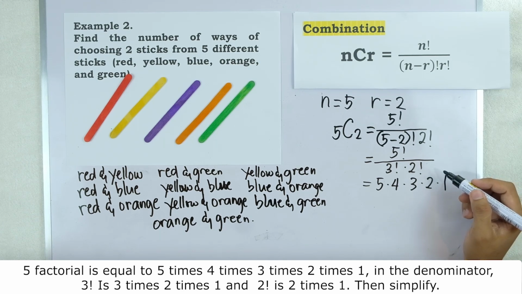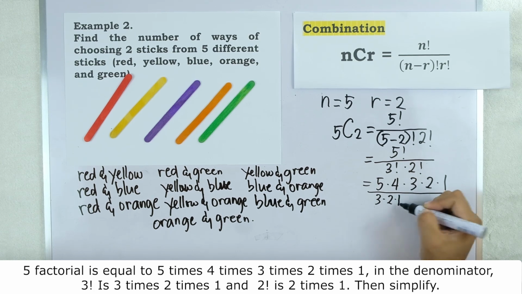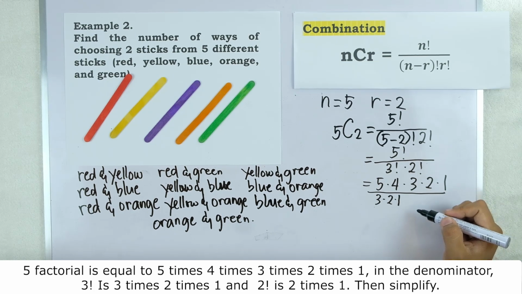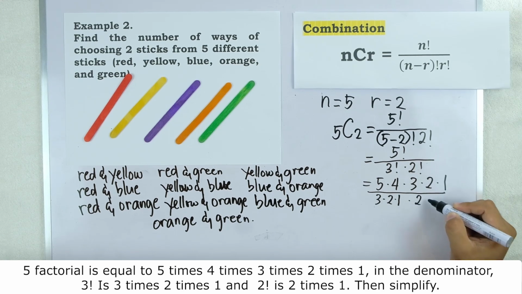In the denominator, 3 factorial is 3 times 2 times 1, and 2 factorial is 2 times 1.